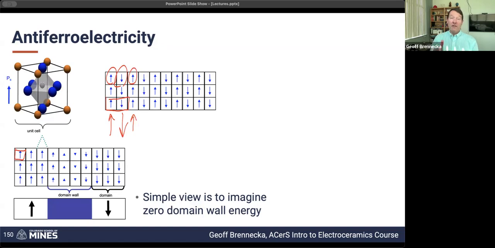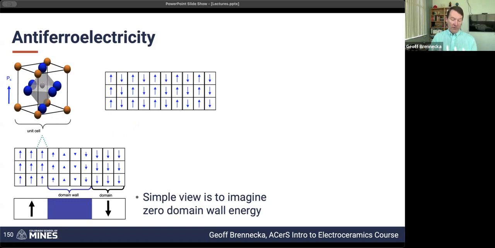So that means that from a crystallographic perspective, an anti-ferroelectric might look exactly like a ferroelectric, except the unit cell is now twice as big because it has to incorporate both the polarization pointing up and the polarization pointing down, because that's the repeat periodic unit across the entire crystal structure.